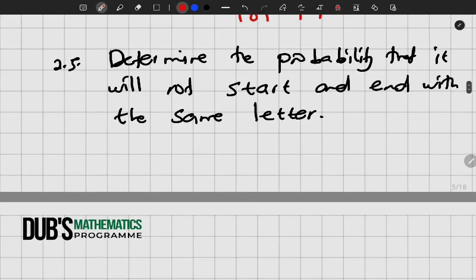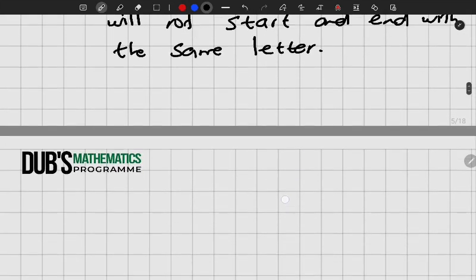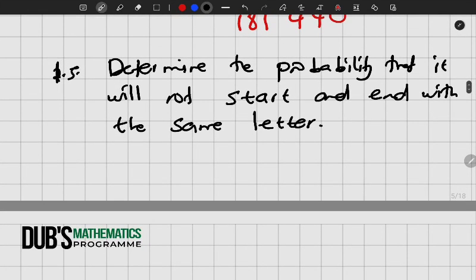To 1.5, they're saying we must find the probability that it will not start and end with the same letter. The easiest way to do it is to first find the probability that it's going to start and end with the same letter, and then subtract that from 1. Why?